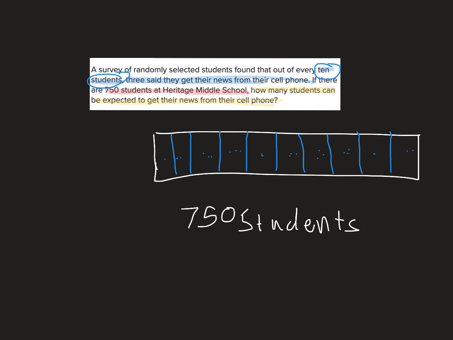Okay. Out of those 10, 3 said that they got their news from their cell phones. So I'm going to color in 3. 1, 2, 3. Okay. So this is cell phone news.